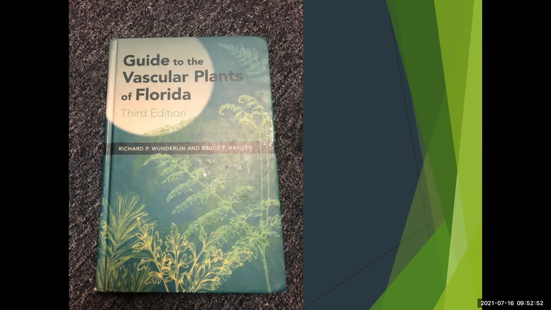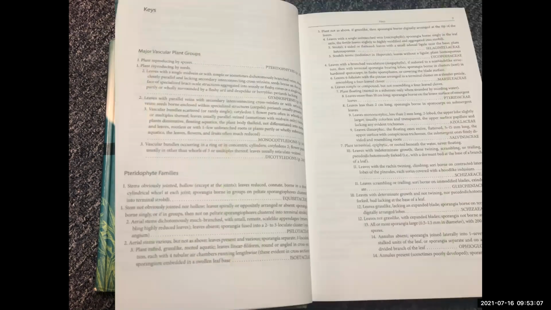All of this terminology can be very useful to you. Certainly, if you are brave enough and you have an unknown plant, to sit down and try to go into the Wunderlin Guide to the Vascular Plants of Florida, right? Because you open that up and you're really going to have to know what you're looking at. There's just so much terminology going on.